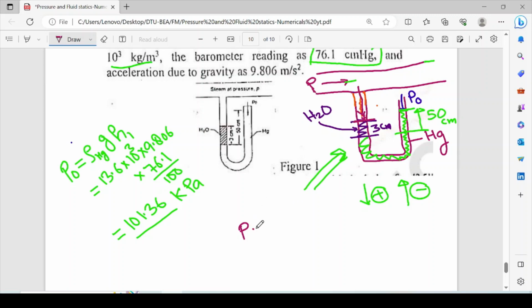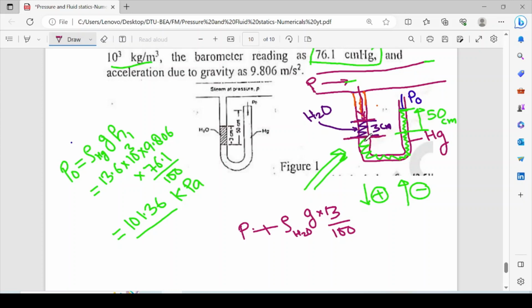Plus, applying plus for water, that means density of water, rho, g, and height. Let's suppose the height of the water is 3 centimeters, so in meters we divide by 100. Now we are at this location.